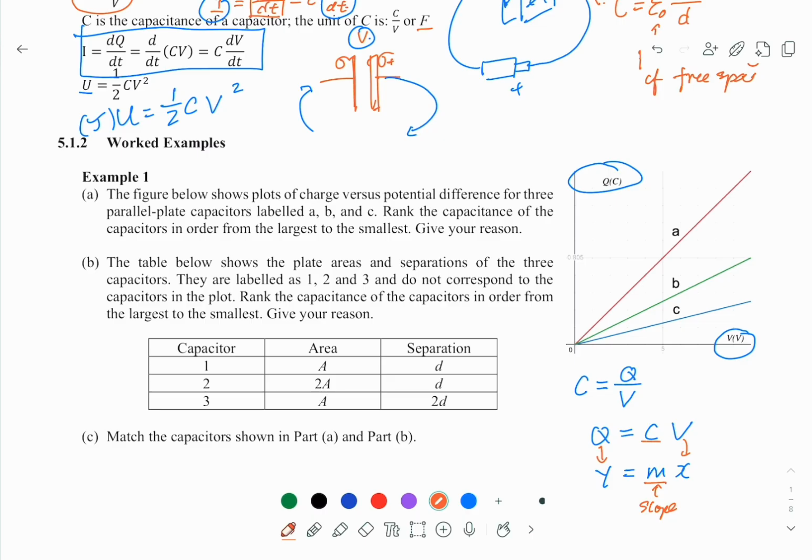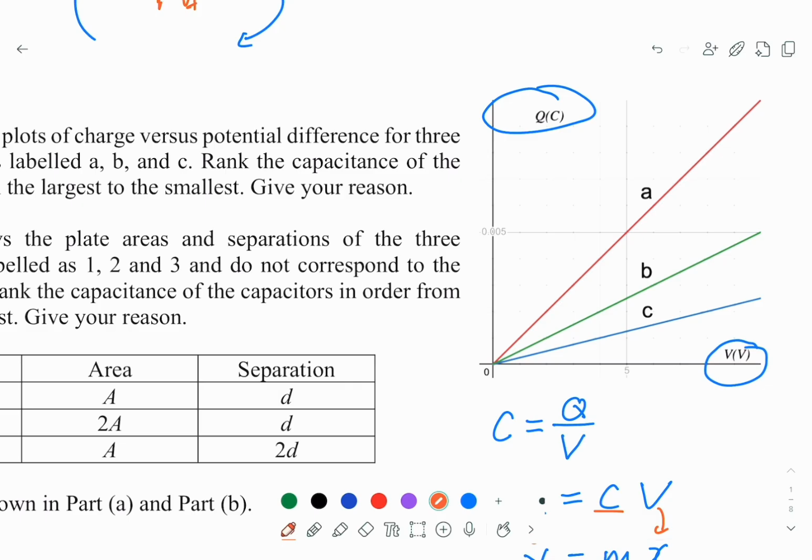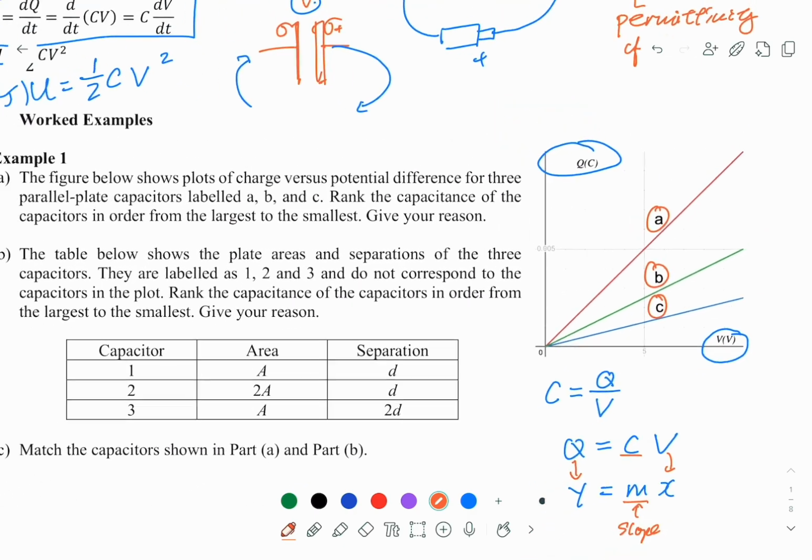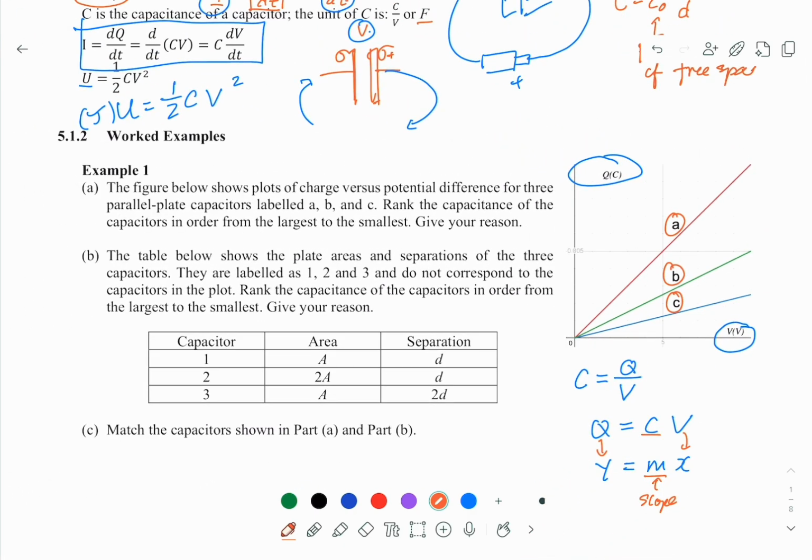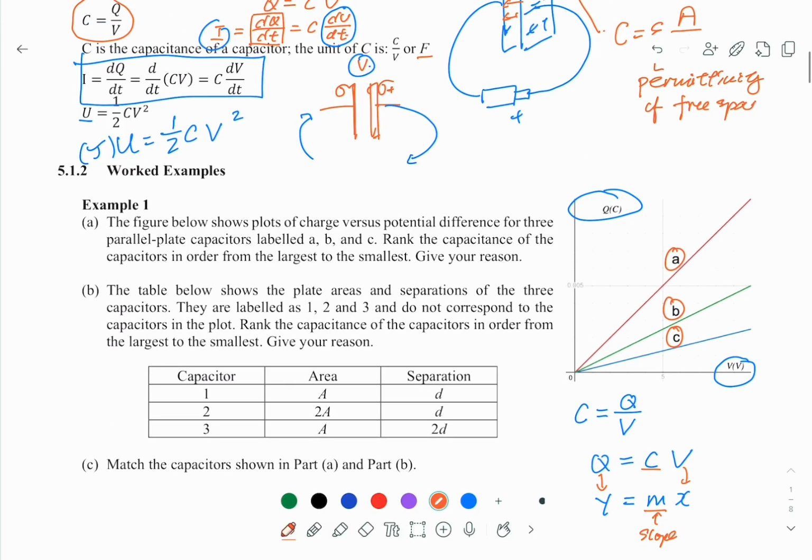In this case, capacitor A has a higher slope, so the capacitance of capacitor A is bigger than B, and is bigger than C. So A is bigger than B, bigger than C.